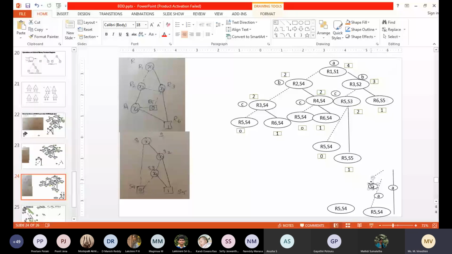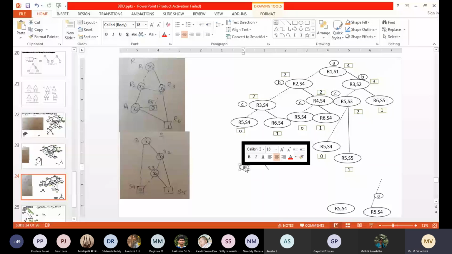So this is A. When it is 0, when it is 1, what is happening, we'll see. When it is 0, this will go to B. As of now, let me add this B. Later, let me remove the redundant node. Let me have here B and have another B here.